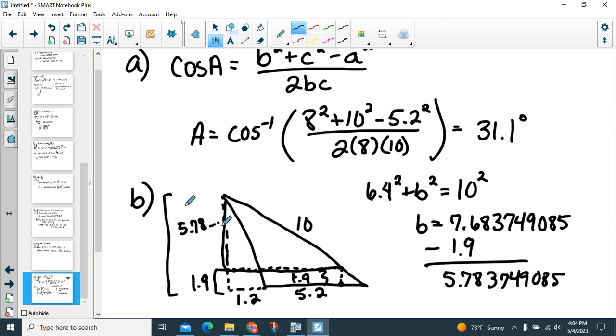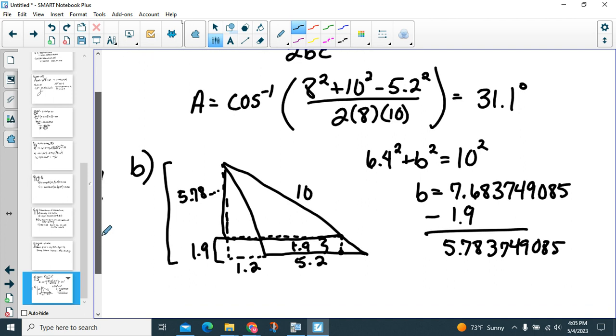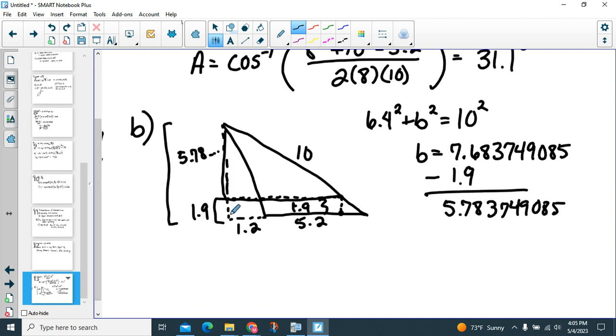Okay. Now, if you think about these two triangles, the whole big triangle and then the smaller triangle on top, obviously they're both right triangles, and this angle here is the same. With two parallel lines cut by a transversal, these two angles are the same. That means these are similar triangles, which means they're proportionate.